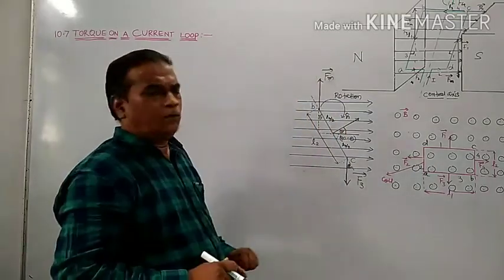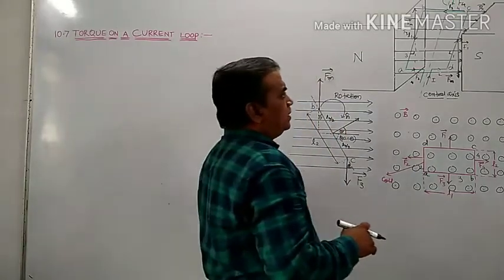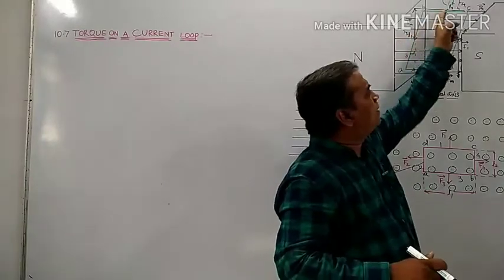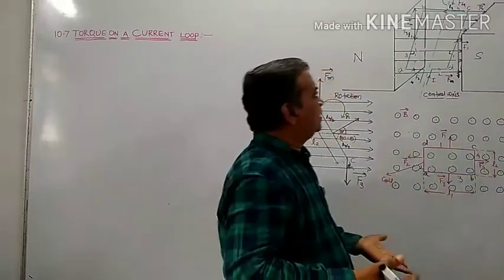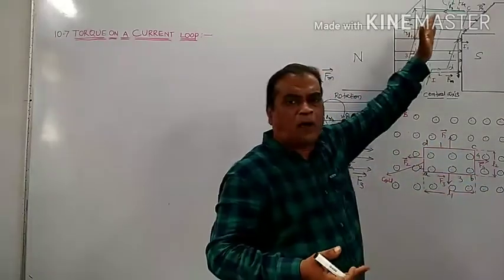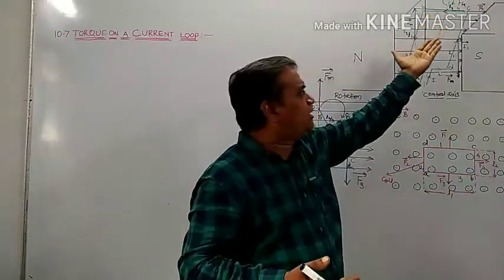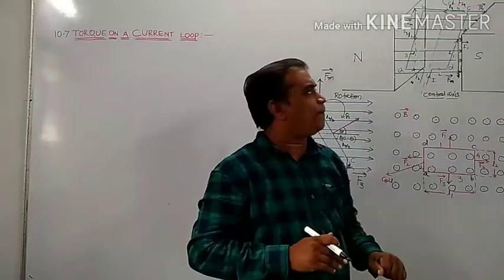So one by one, first we will calculate the forces acting on different segments of the loop. Then we will find out the net torque acting on the coil, which is responsible for rotation of the coil.